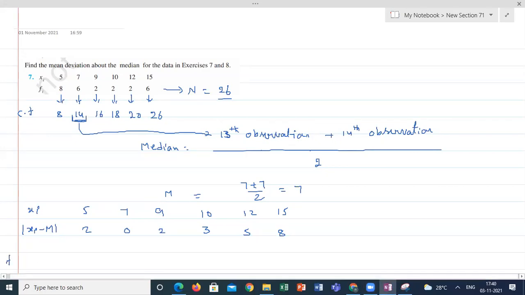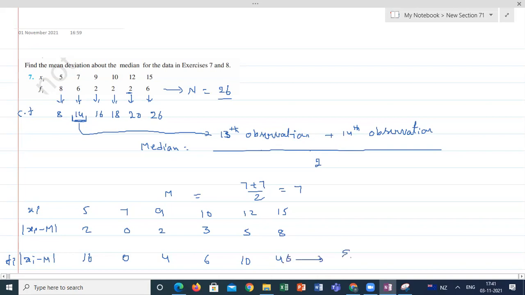After this, I have to calculate fi times the absolute value of xi minus m. 8 into 2 is 16. 6 into anything into 0 is 0. 2 into 2 is 4. 2 into 3 is 6. 2 into 5 is 10. 6 into 8 is 48.